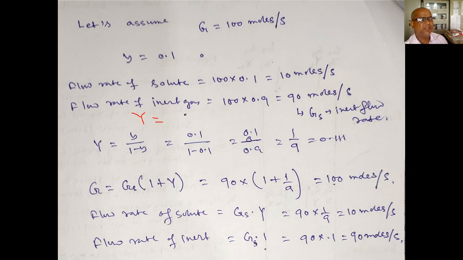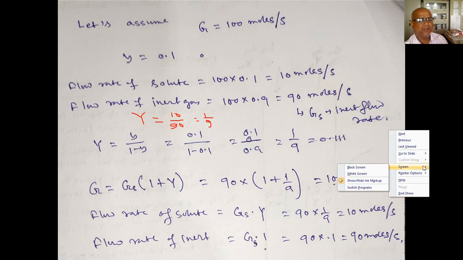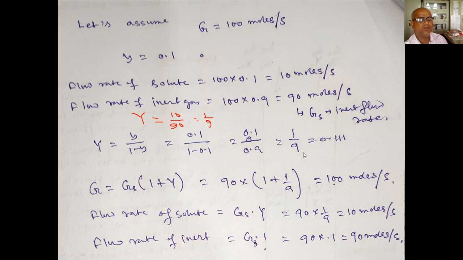Moles of A is 10, moles of B is 90, equal to 1 by 9. If you take it this way, the same thing is coming: 1 by 9 here, and here 1 by 10.